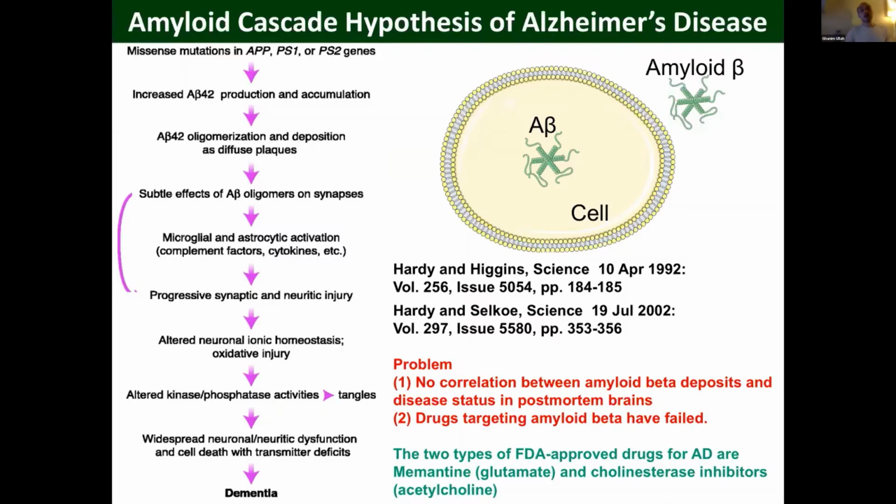The long-standing hypothesis in the field, in cartoon version, is that there are proteins called amyloid beta. Normally the brain produces and clears these proteins, but something goes wrong, where the brain either produces more amyloid beta or is unable to clean it properly.